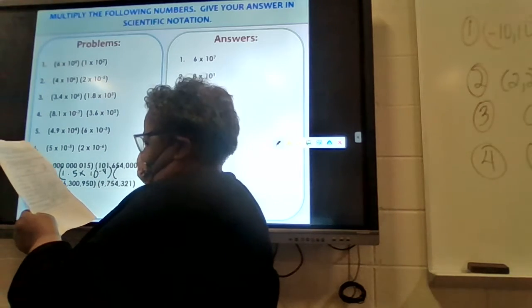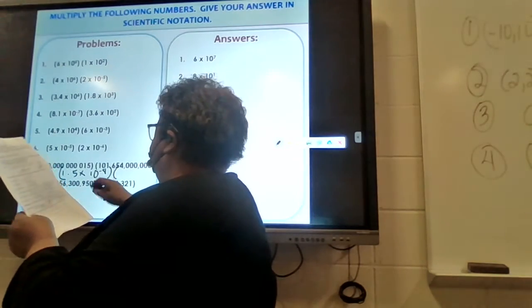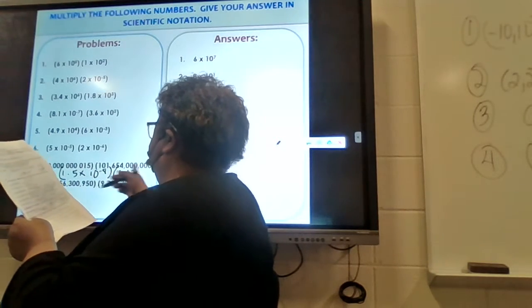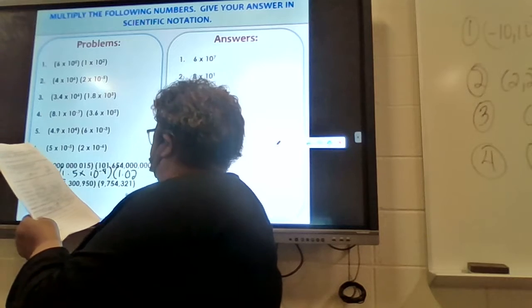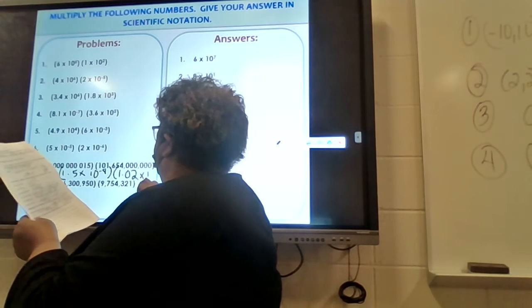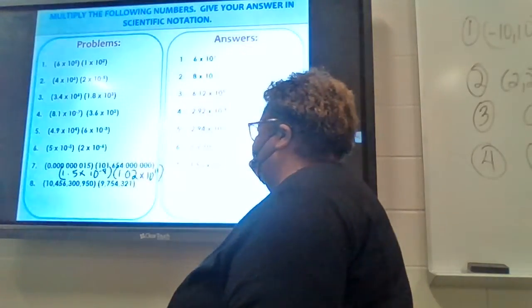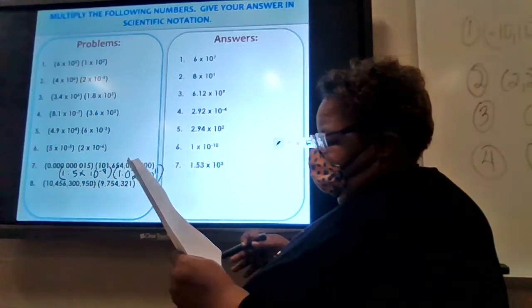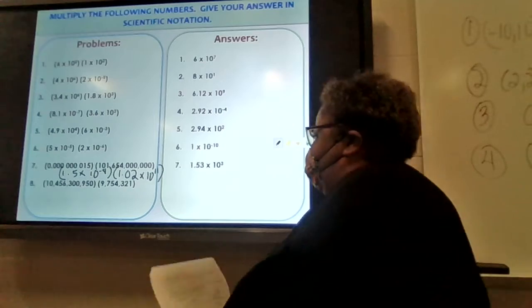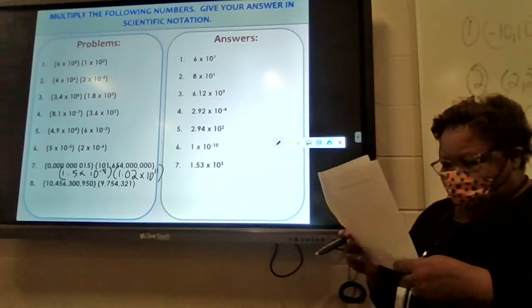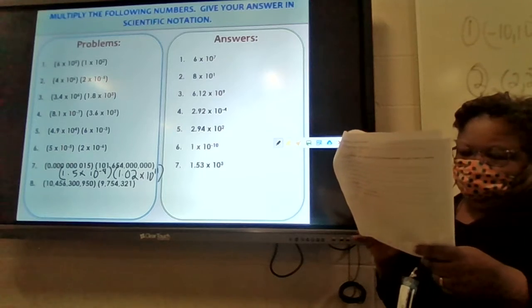And this one is, I'm going to shorten this one up, 1.02, because I don't want to write all those numbers, times 10 to the 11. And then when you multiply, you're going to get 1.53 times 10 to the third power. Same thing for number 8. You have to convert that.